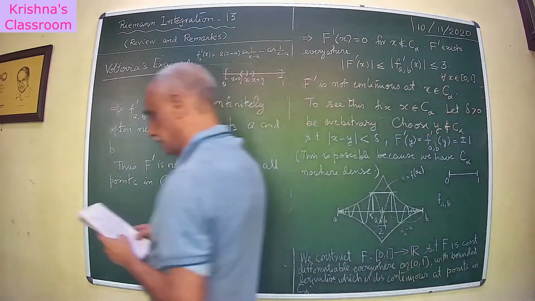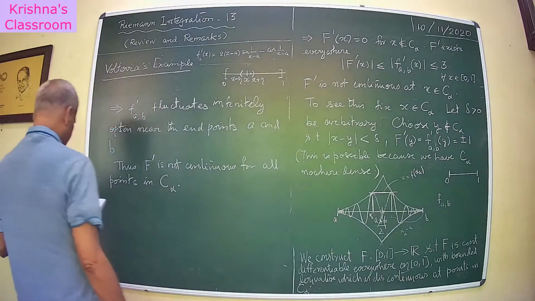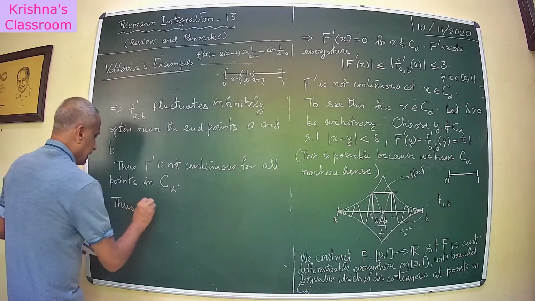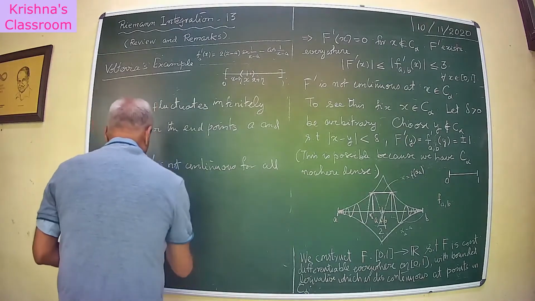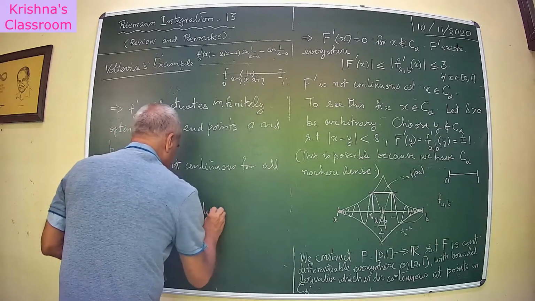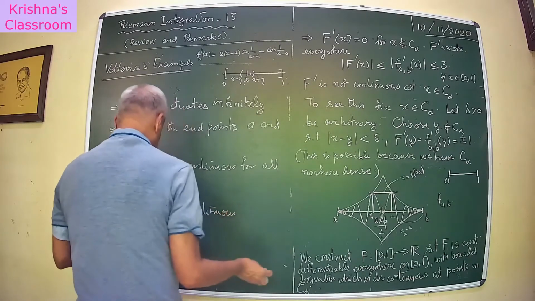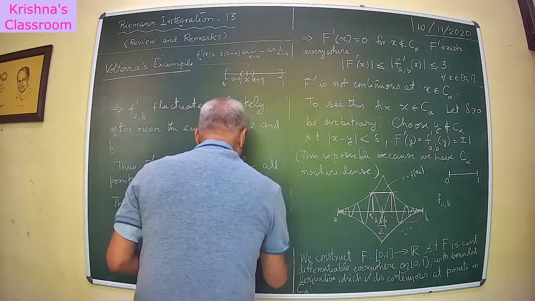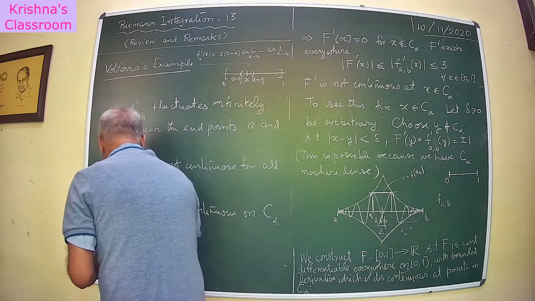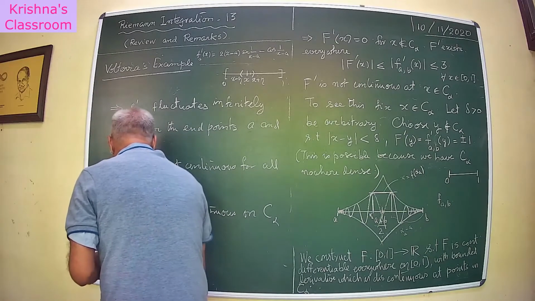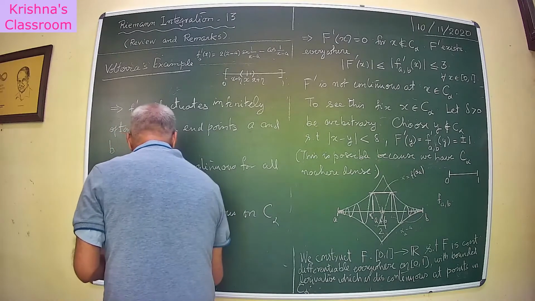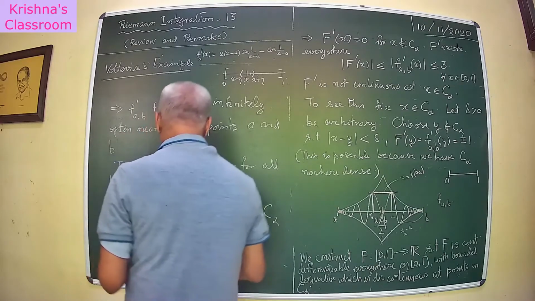Thus, f dash is not continuous on C alpha, and we have already shown that lambda of C alpha is equal to alpha, which is positive.